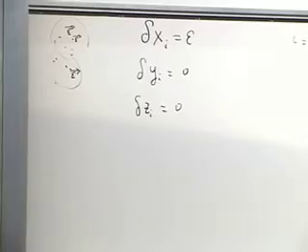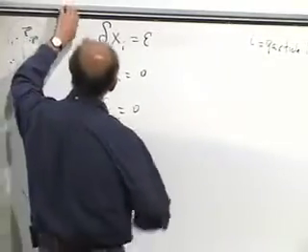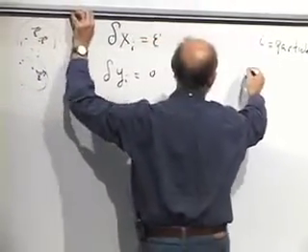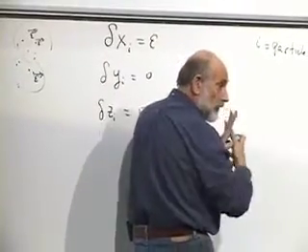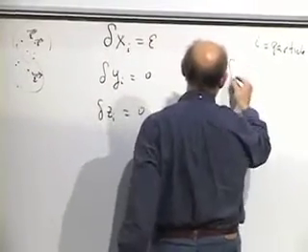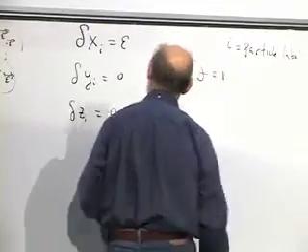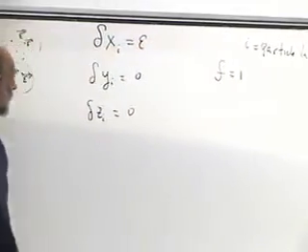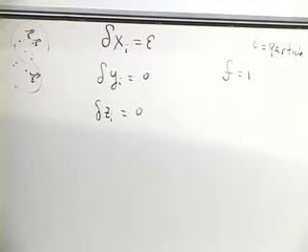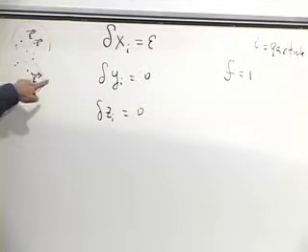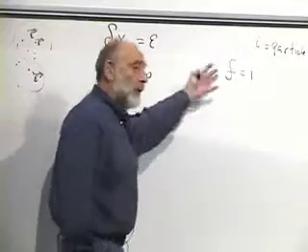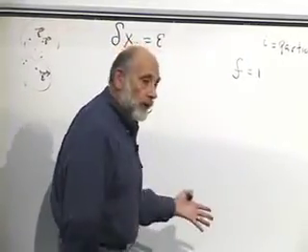Or another way to say it is that all of the f's associated with the x direction are equal to 1. F is equal to 1 if it corresponds to the x coordinate of the ith particle. How about for the y coordinate? The f's for the y direction are all equal to 0.